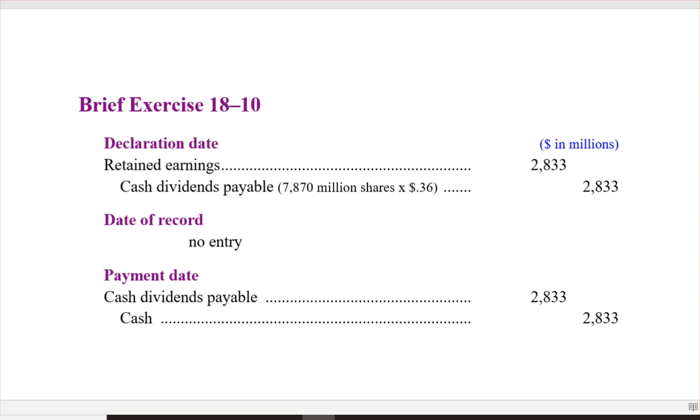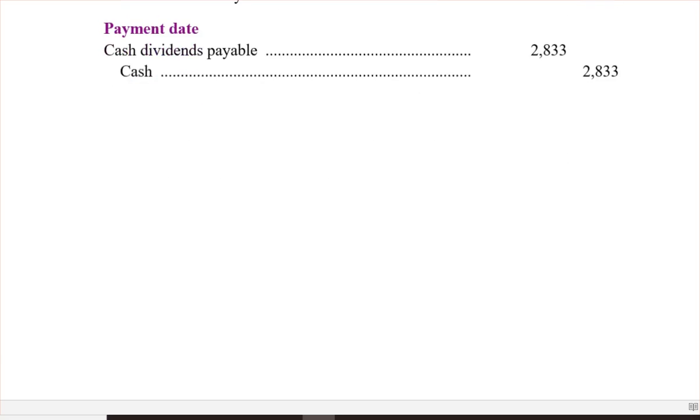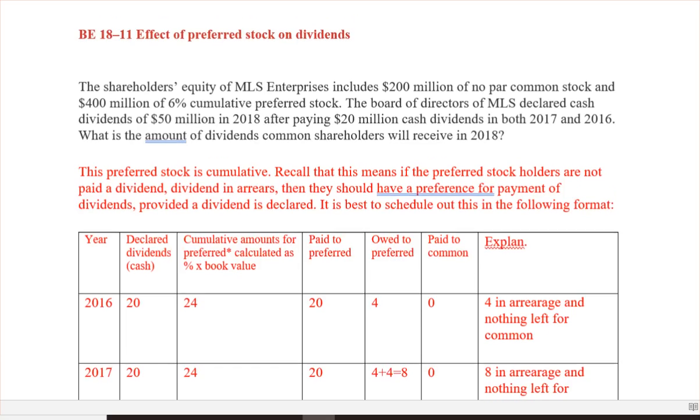And then on the payment date, it's the same thing as if you paid off an accounts payable. When you actually pay it, it's removed. You had a liability, the liability is removed. So this should be something that's just kind of a review for you.